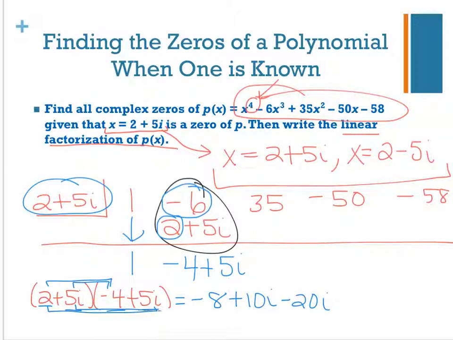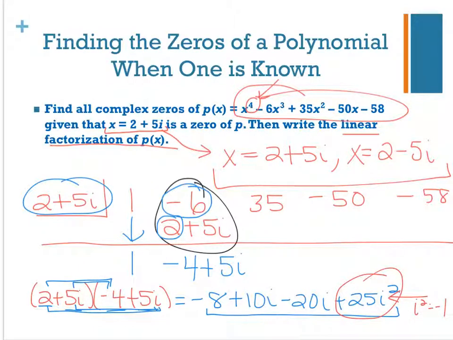And 5i times 5i is 25i squared. Now, if I simplify this, i squared is the equivalent of -1, so this really becomes -25 because I have 25 times -1.